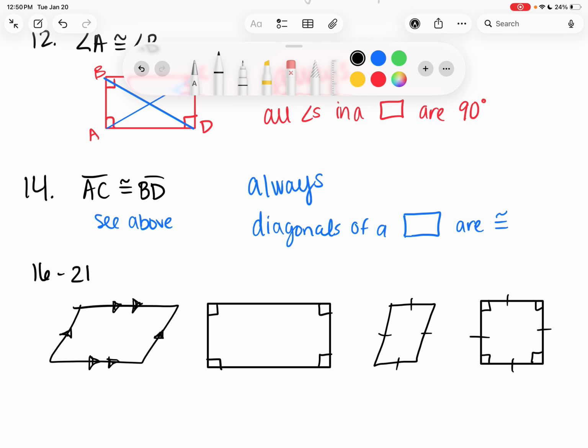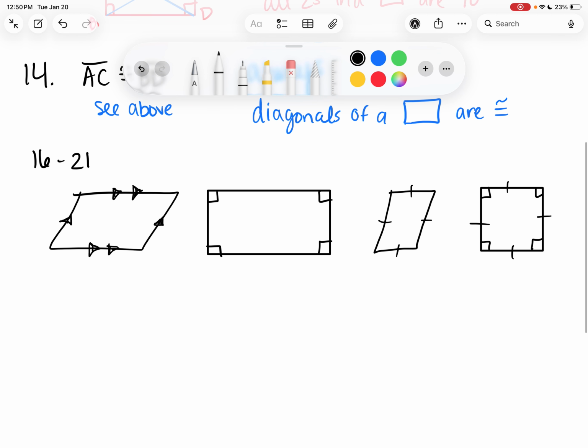So they give us questions, and basically we're going to say out of the 4 shapes, which of them, and it could be multiple, fit this description. Okay, so 16 says it is equiangular.